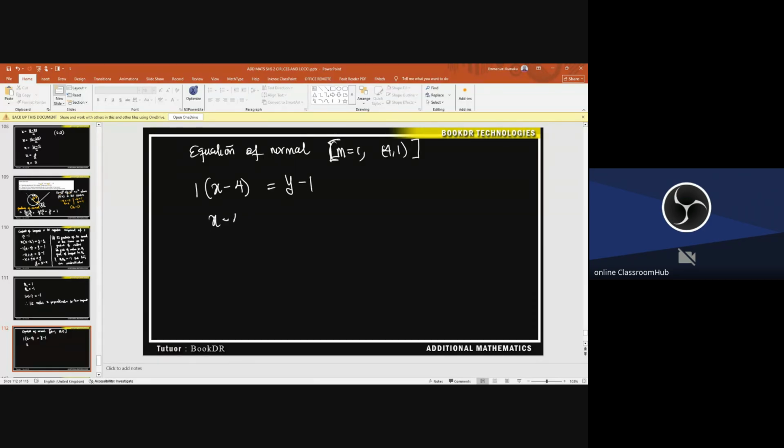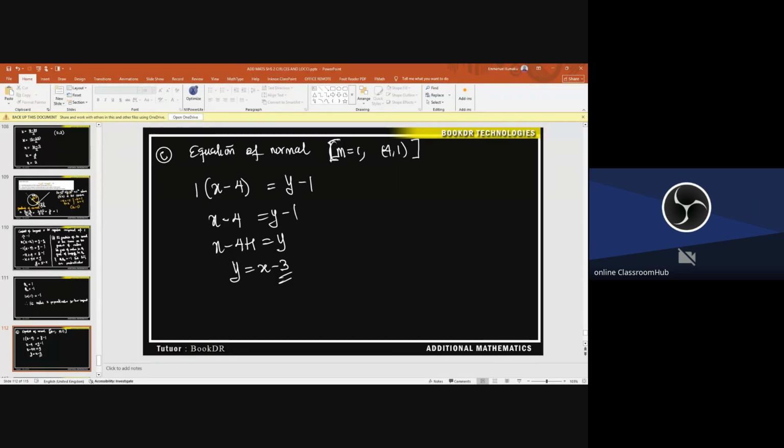We'll have x minus 4 is equal to y minus 1. And then x minus 4 plus 1 is equal to y. Implies our y is equal to x minus 3. So that's the equation of the normal.